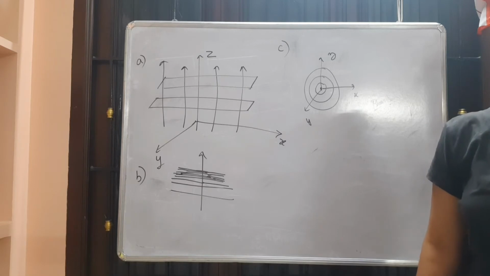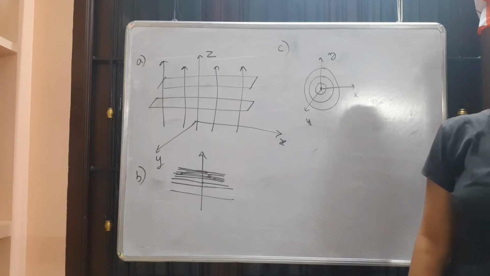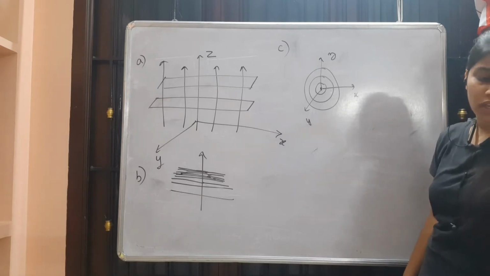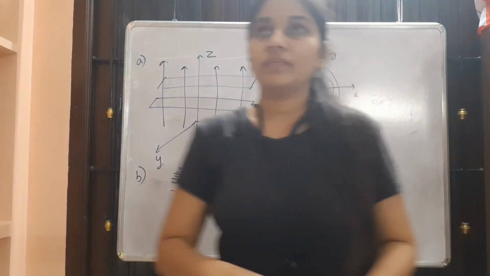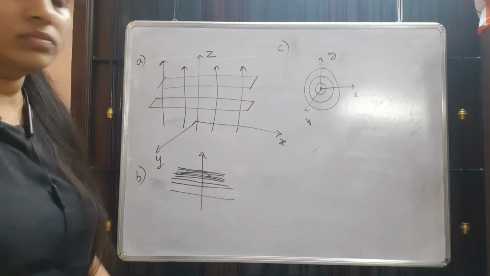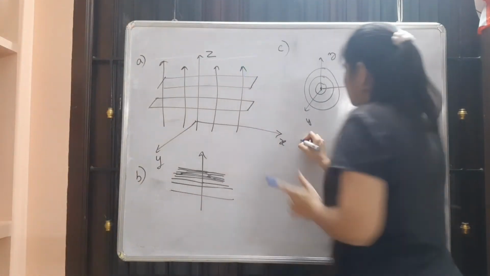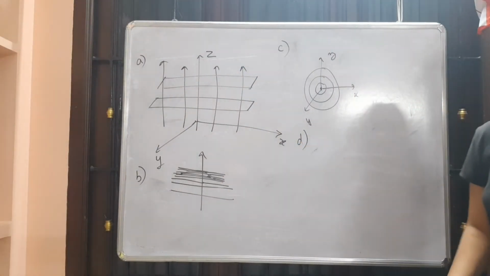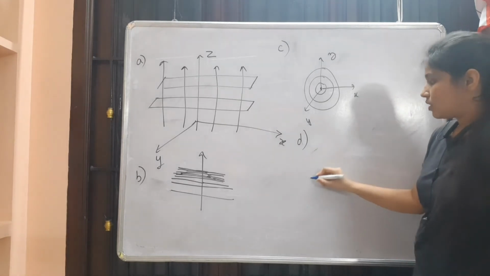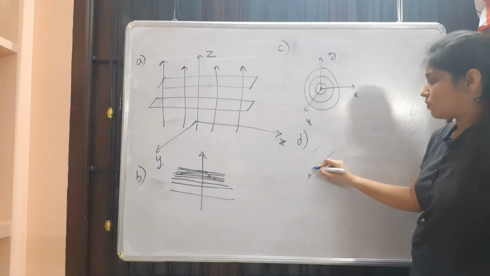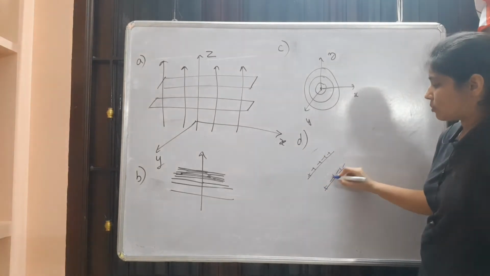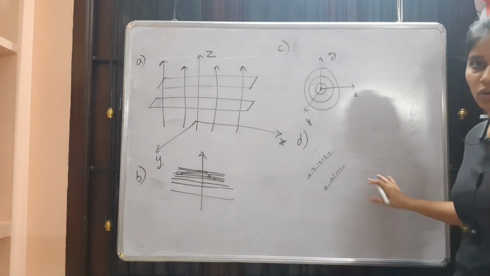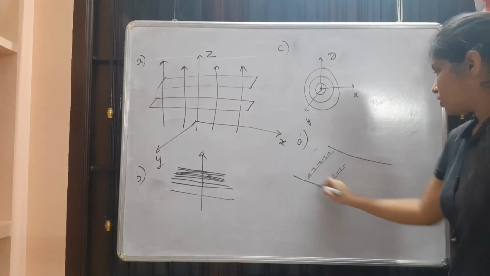Next question, a uniform grid consisting of long equally spaced parallel charged wires in a plane. You basically have some charged wires which are having positive charges. They are kept on a plane, or imagine a table.